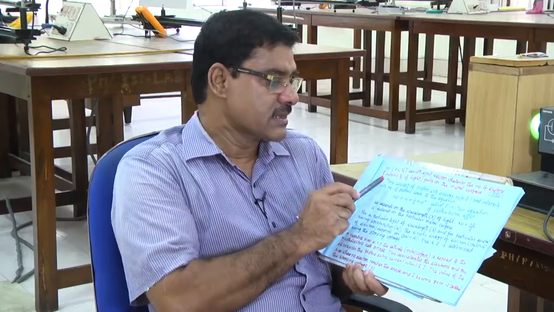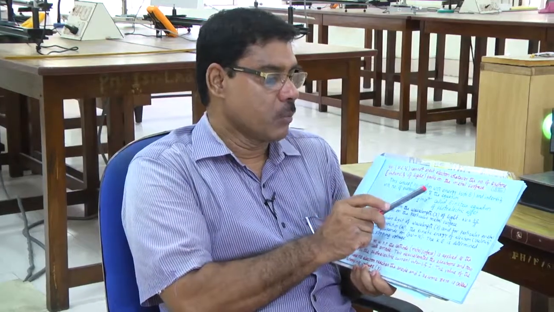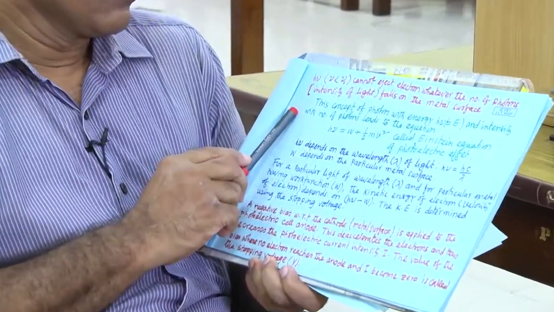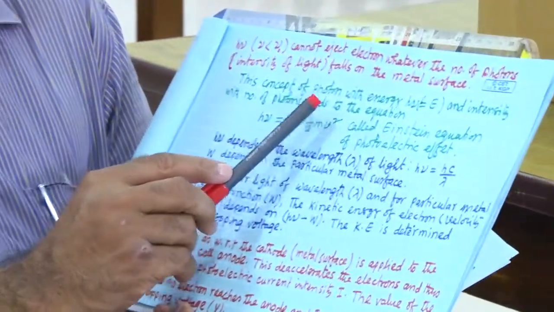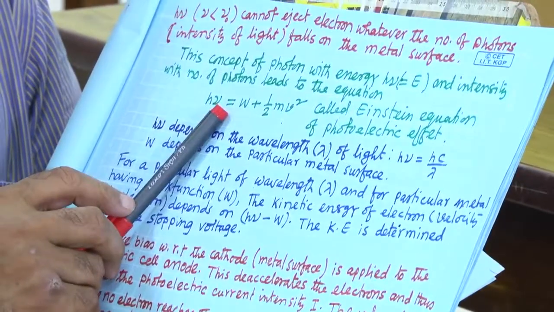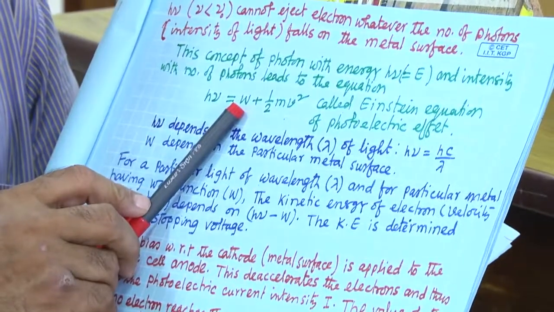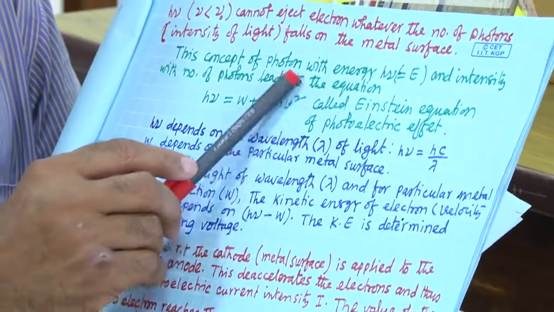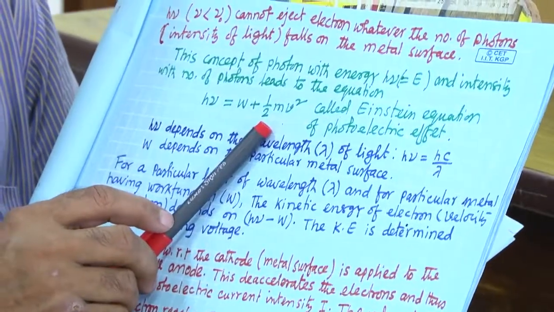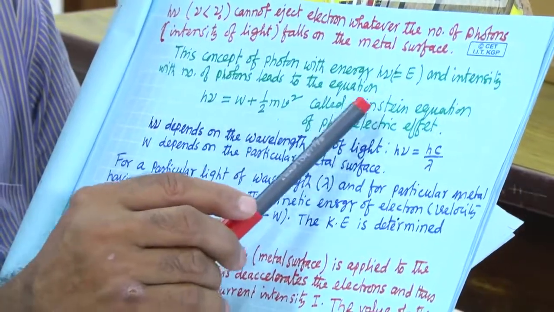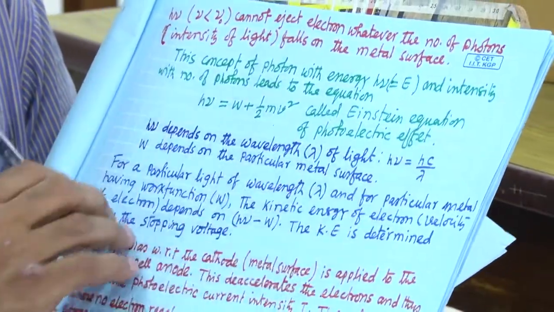So this concept of a photon with energy h nu, and intensity as the number of photons, leads to the equation: h nu, the energy of the photon, equals work function plus half m v square. This is the kinetic energy of the ejected electron. This is called the Einstein equation of the photoelectric effect.